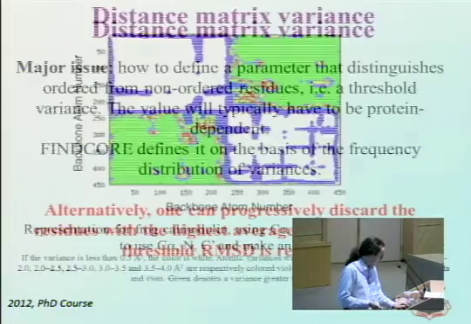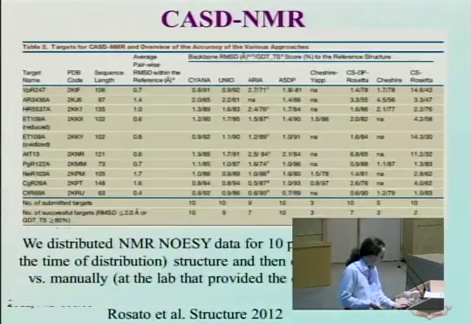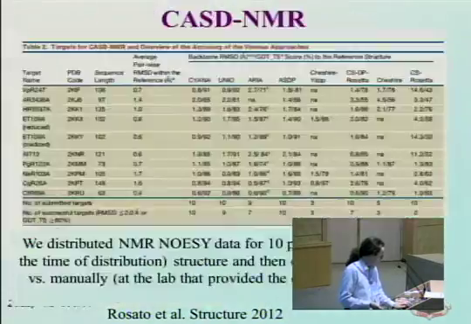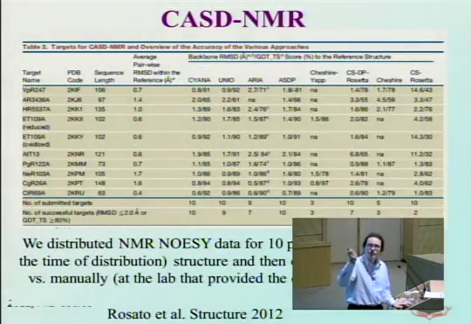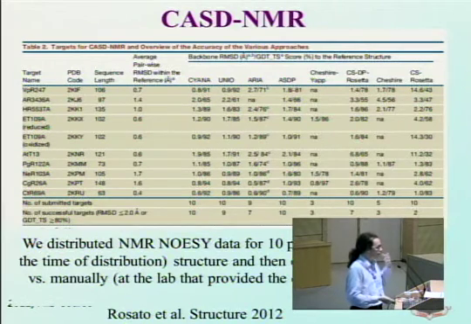Let me just skip over this. I want to mention the NMR just because it provides some insight. As Alexander was mentioning yesterday, we recruited different software developers that develop automated software, and this software is taking care of all the steps in an automated manner, from the NOE assignments.